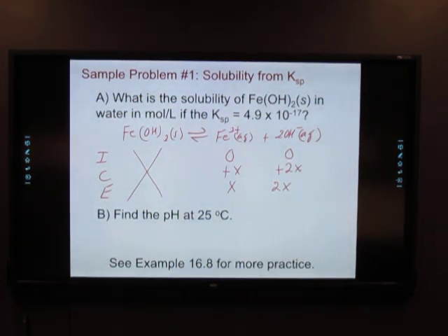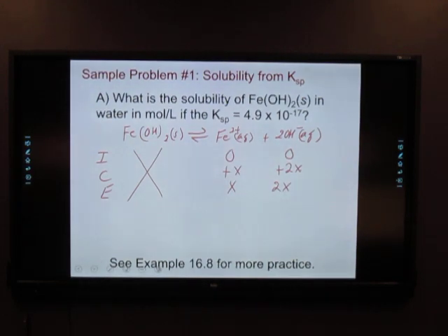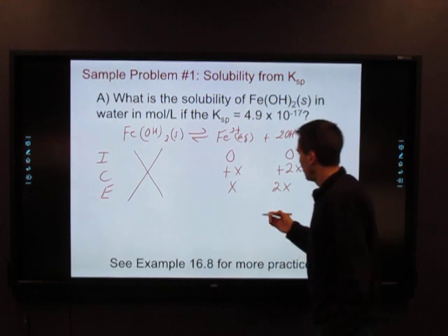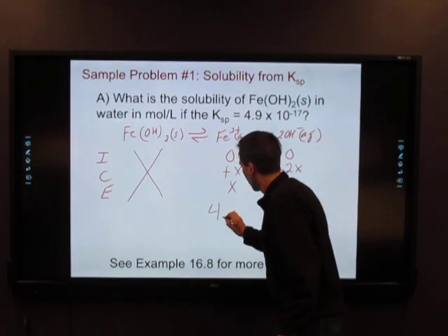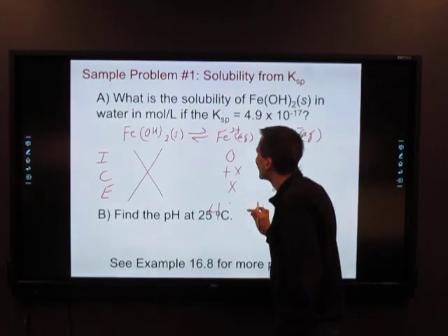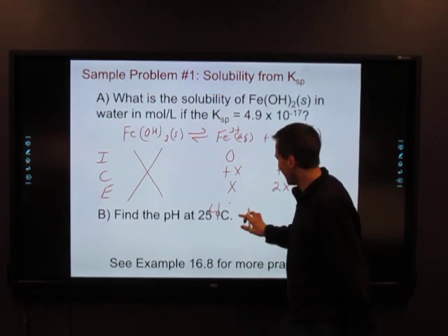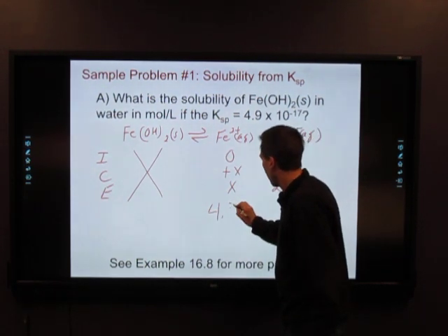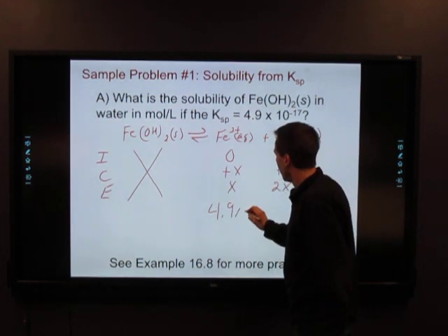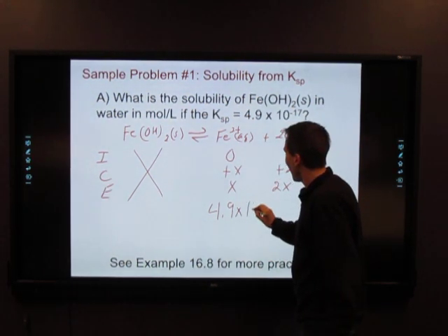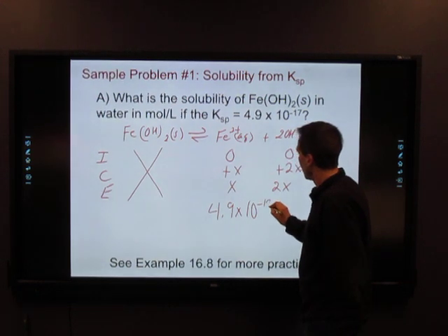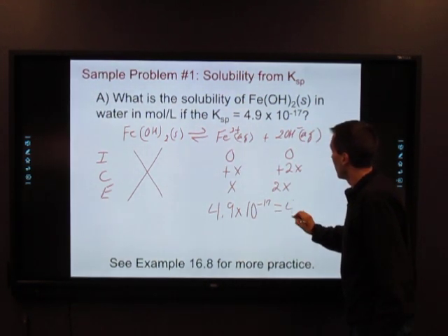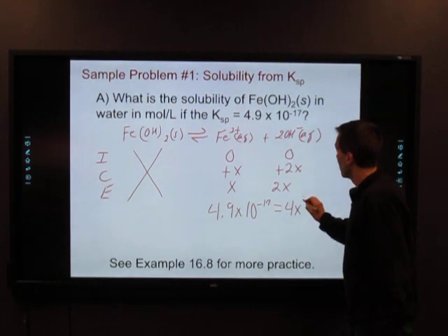Clean this up a little bit. And so we could say 4.9 times 10 to the negative 17 equals 4x cubed.